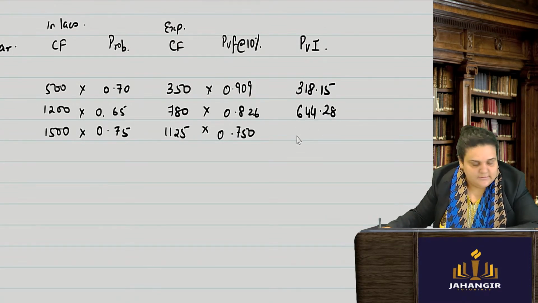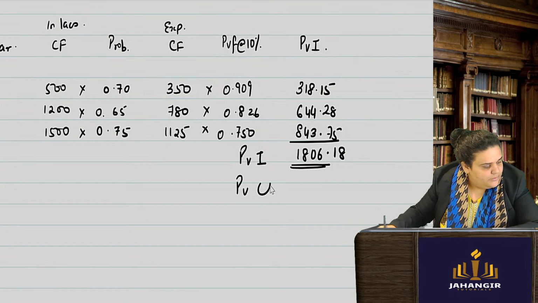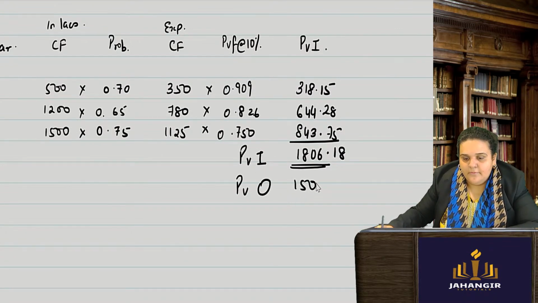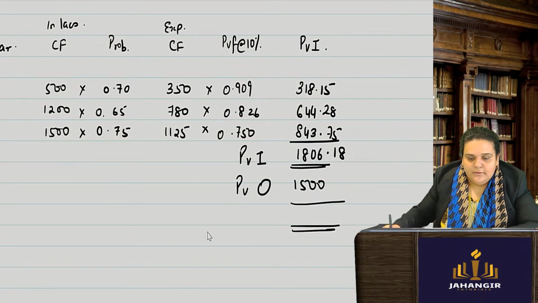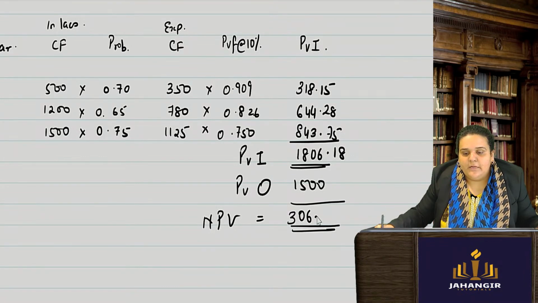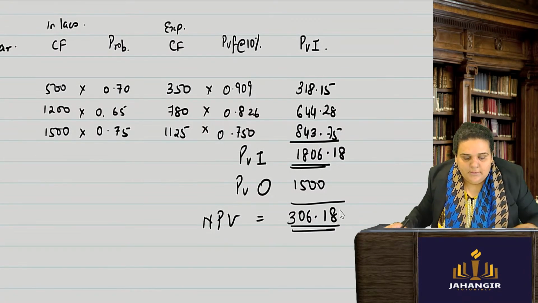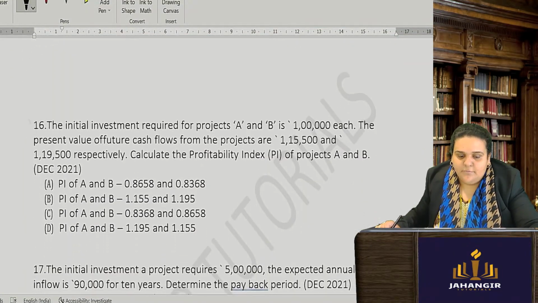All these amounts are in lakhs. 843.75. Okay, so 1806.18 is your PV inflow. PV outflow they have given you as 1500. Therefore, expected NPV will now be 306.18. Clear? Easy sums. Okay, the more you practice, obviously you will find it easy.